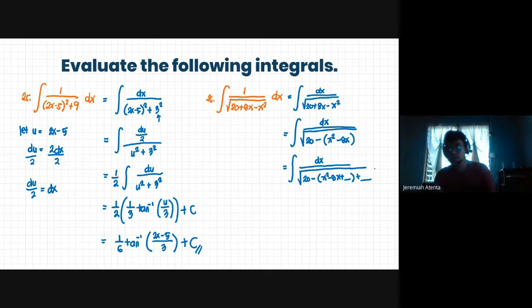Right? Ayan. So what should be added para maging perfect square trinomial? Ano nga yung gagawin? Can you still remember your pre-cal lesson?